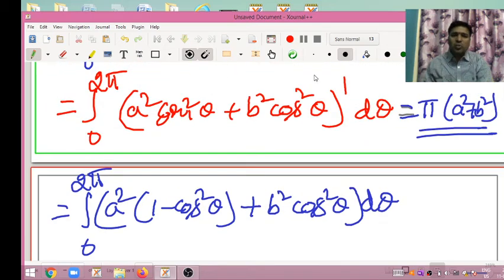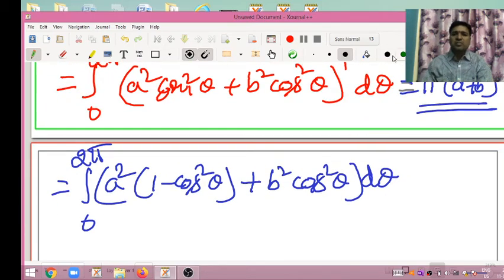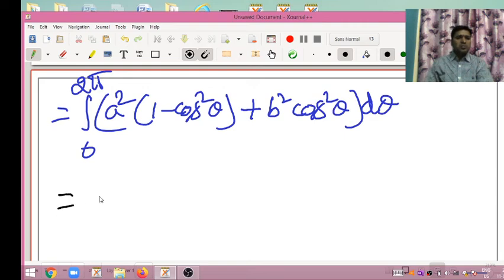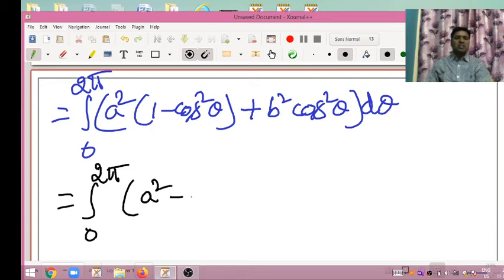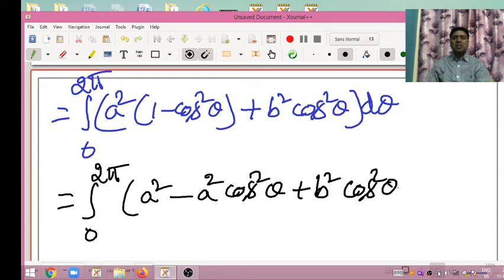This one we already know this value, I am proving this value, we must prove it. Integral 0 to 2π. So multiplying a² with these two terms, a² into 1 is a², again minus a² cos²θ plus already b² cos²θ is there, into dθ.